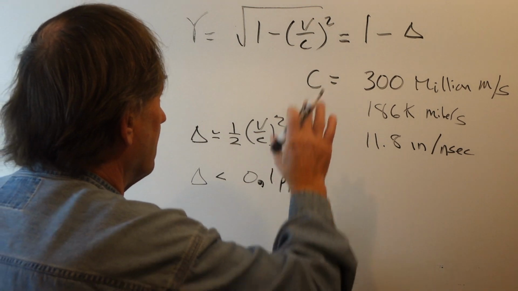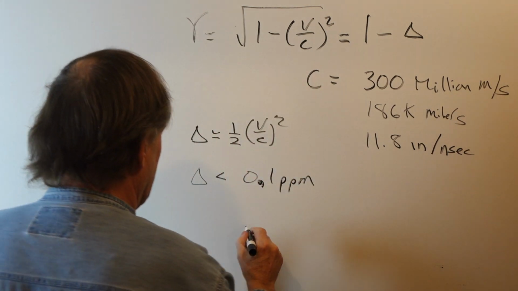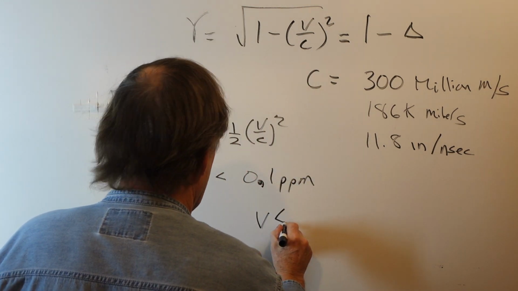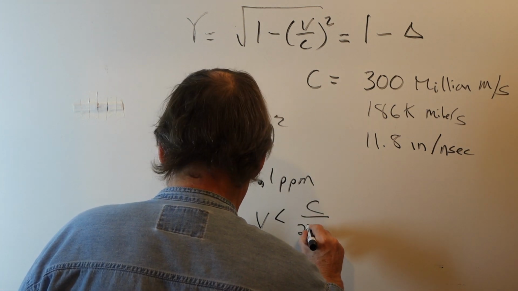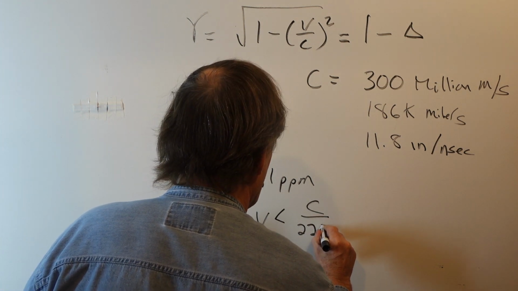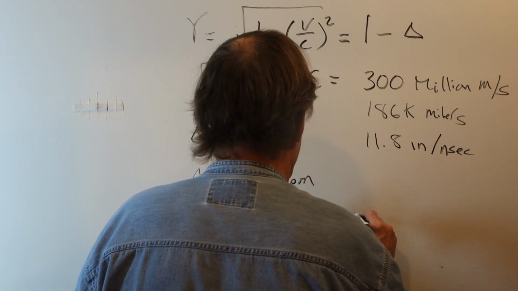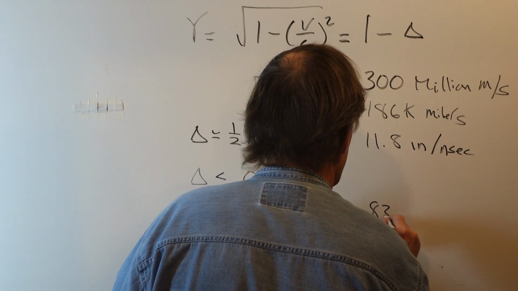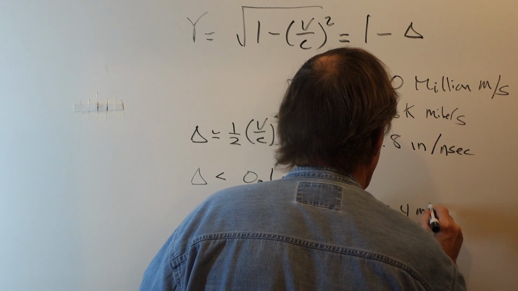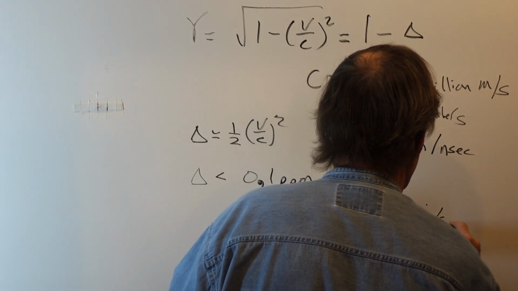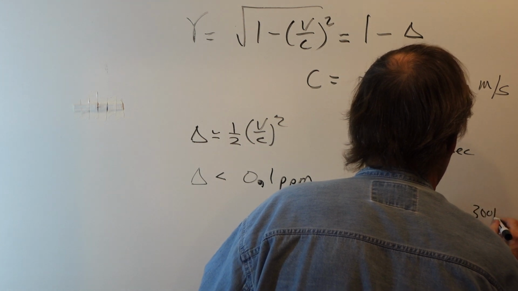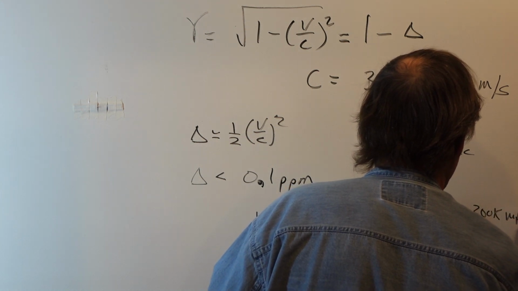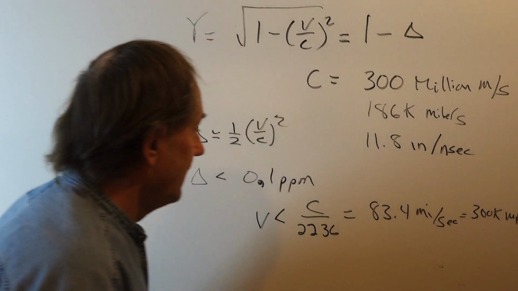Well, if you put the numbers in, you will find that our velocity has to be less than the speed of light divided by 2,236, which is 83.4 miles per second, or 300,000 miles per hour. Okay.